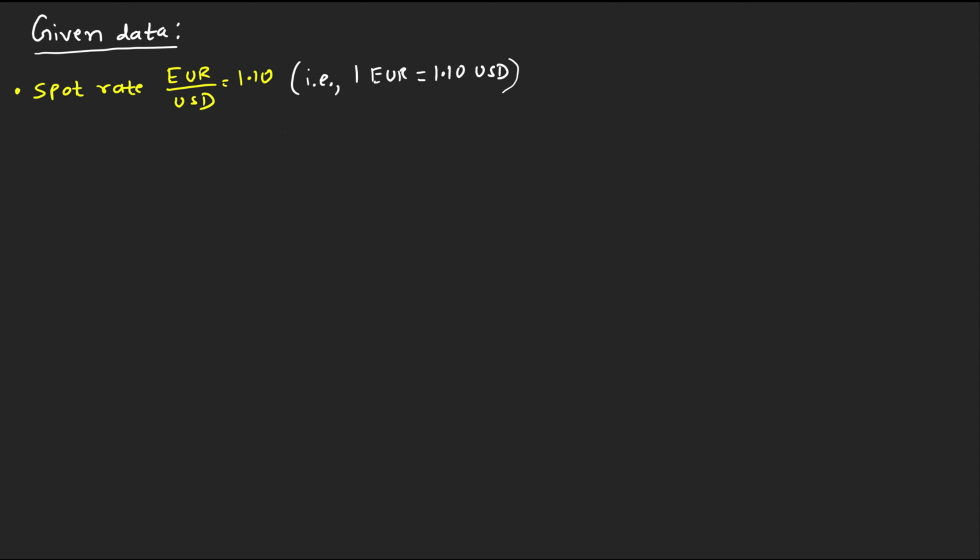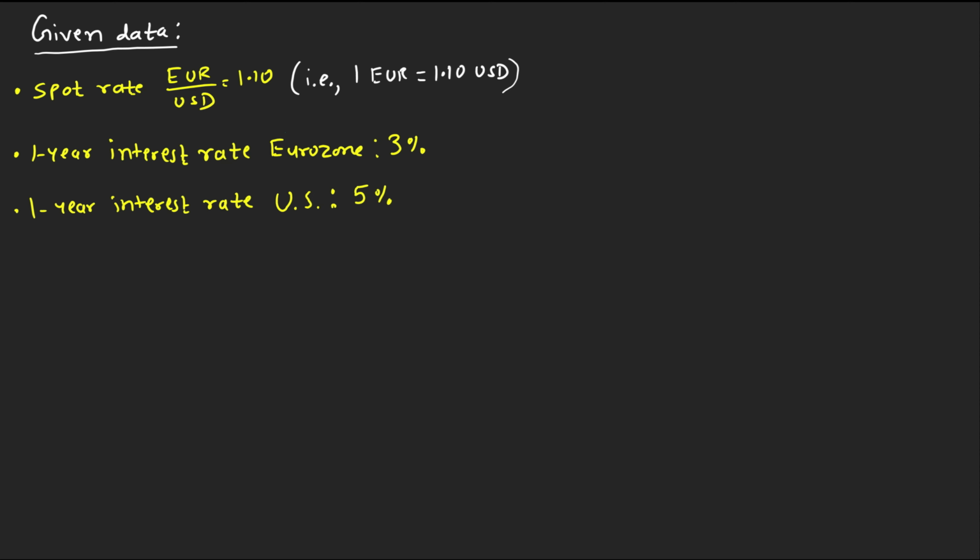It's just the current market price. Also, we have the 1 year interest rate in the Eurozone, let's say 3%. We have the 1 year interest rate in the US, 5%. And the 1 year forward exchange rate between EUR and USD is 1.07.